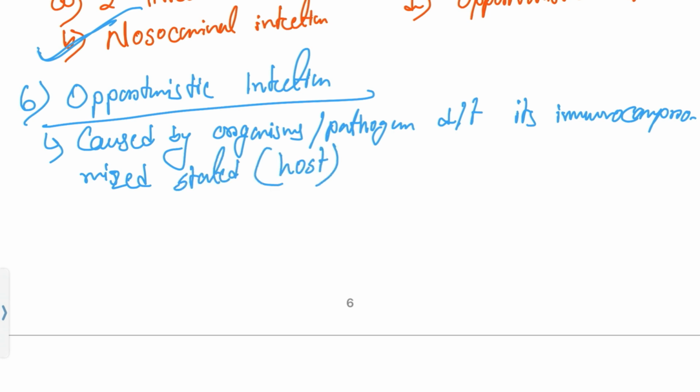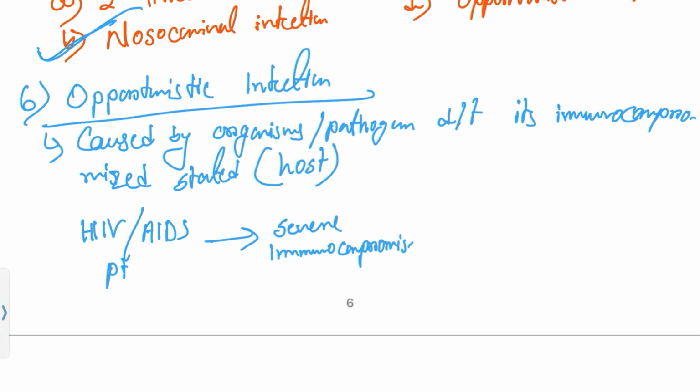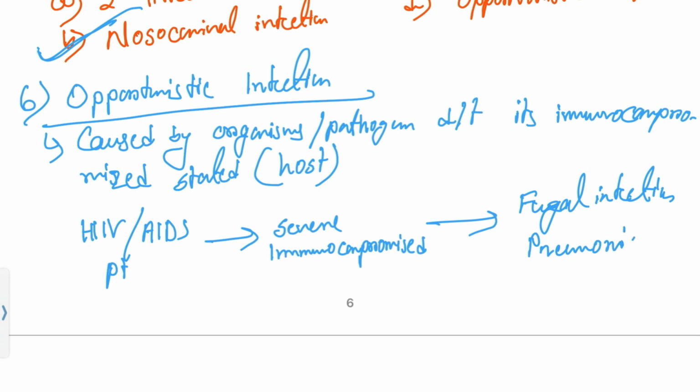Okay, a patient suffering from HIV/AIDS. So you already know that HIV/AIDS patients are severely immunocompromised. If they are severely immunocompromised, they will easily get infected by various pathogens or microorganisms. As a result, they will easily get fungal infections, and easily get pneumonia. So these kinds of infections are the most common opportunistic infections in HIV/AIDS patients.